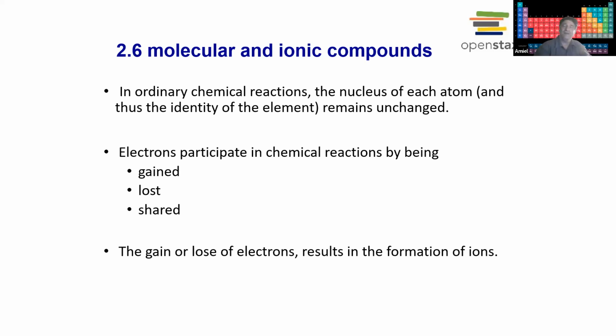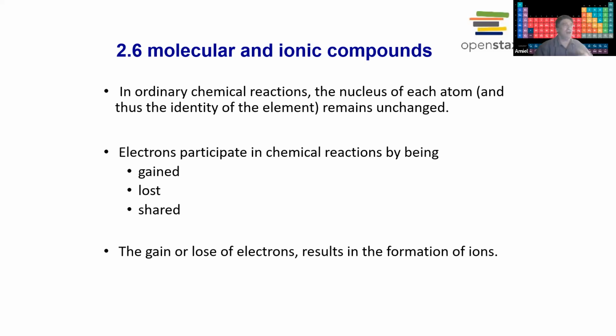Either one element gives its electron to the other, and the other one accepts it, or the electron is shared between the two atoms. So it's the difference between a transfer of electrons and a sharing of electrons.